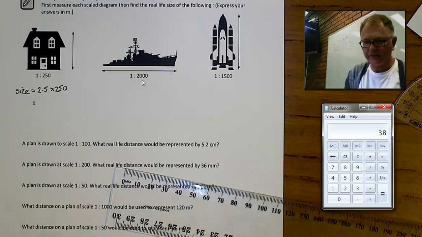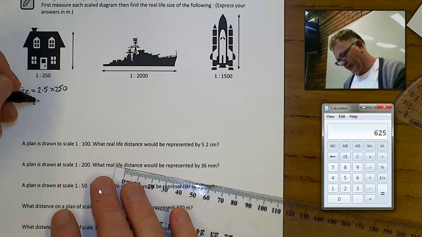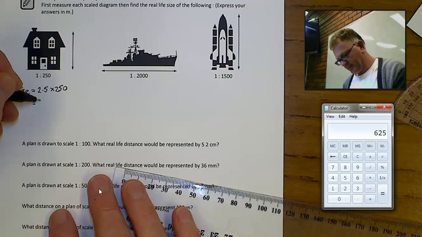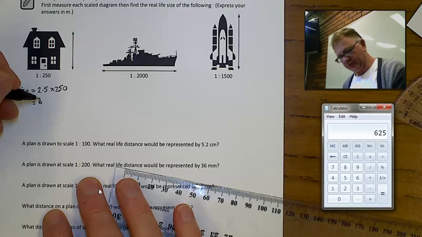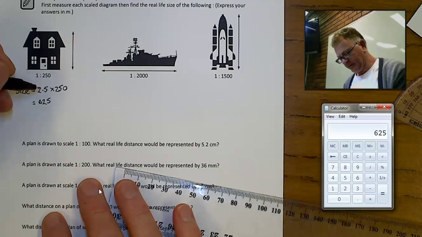I can do this on my calculator. It's 250 times bigger in real life than what it was on my diagram. So in real life it must be 625 centimetres in height.